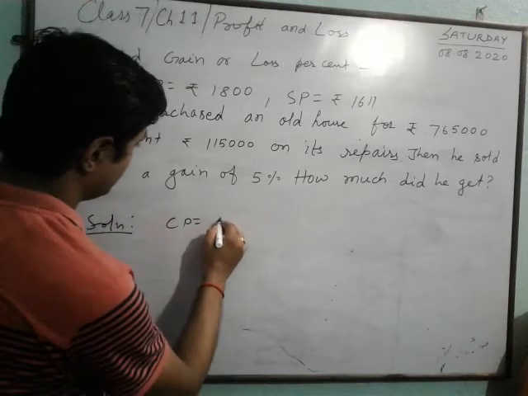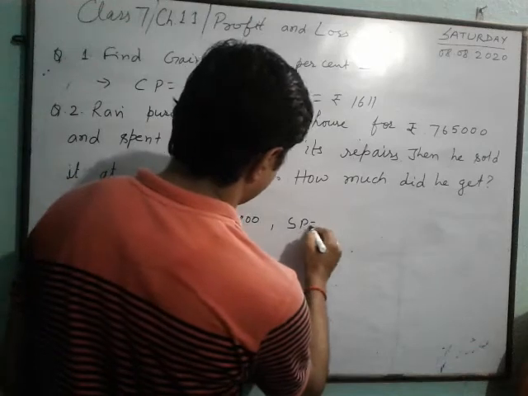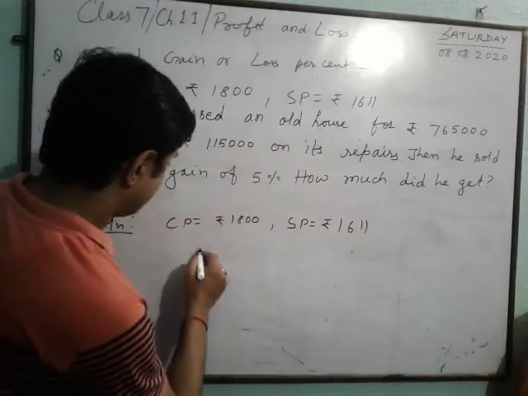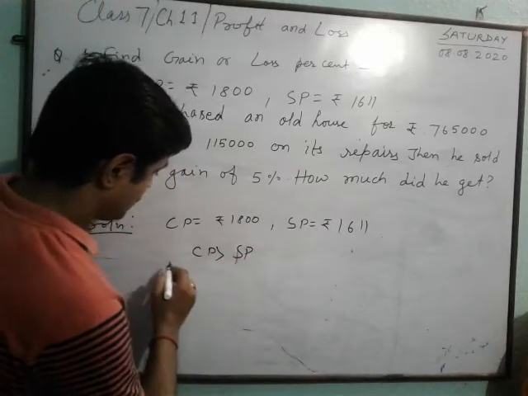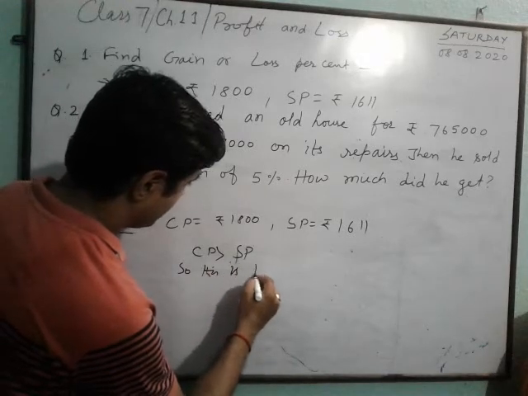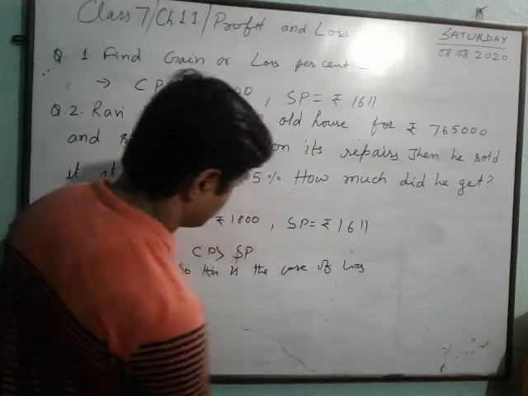CP equal to rupees 1800 and SP equal to rupees 1611. Here CP is greater than SP, so this is the case of loss.